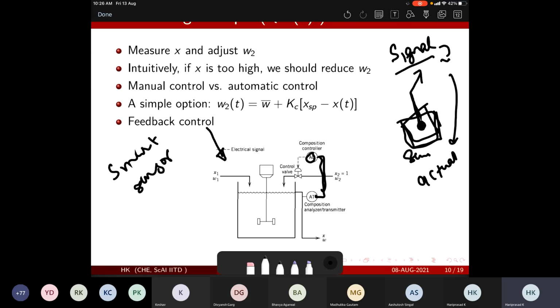Why is it feedback? You are measuring something. This information is fed back. So there is a loop which is working in a feedback fashion. So what is the problem here? Of course, not a big problem though. You can only act after something happened.